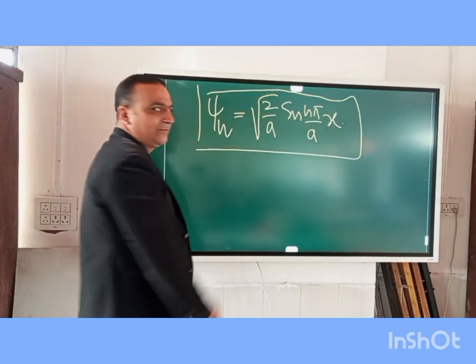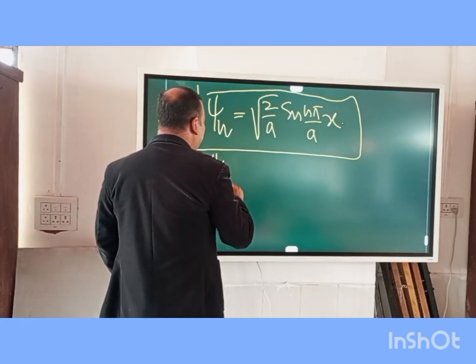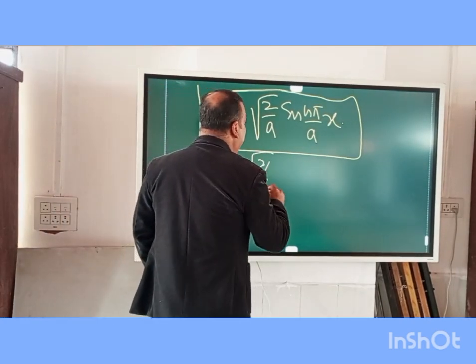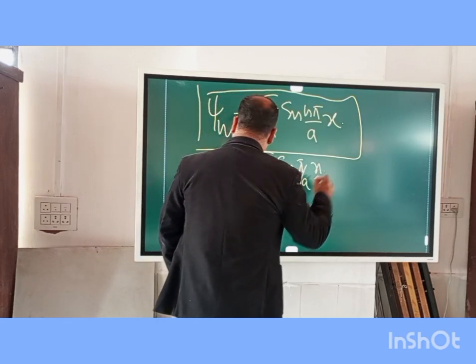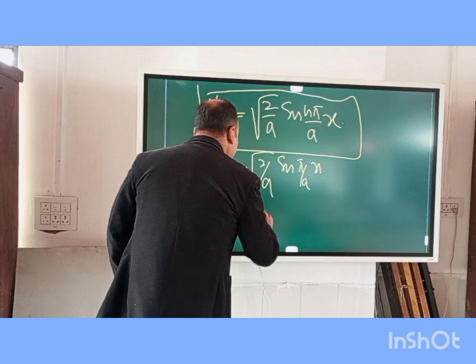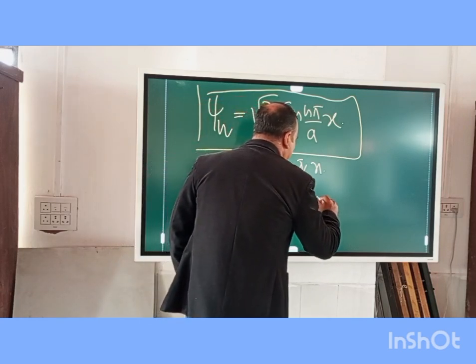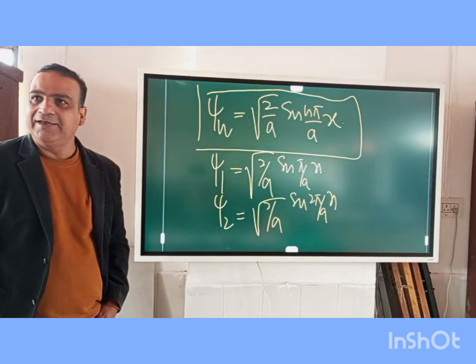Clear? So I can write down all wave functions. What will be psi 1? That will be under root of 2 by a sine pi by a x. What will be psi 2? That will be under root of 2 by a sine 2 pi by a x.